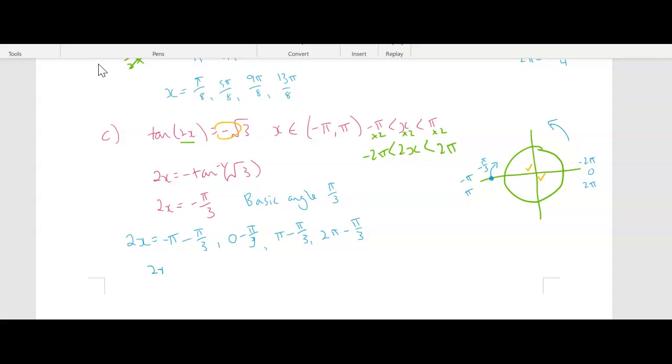All right, let's just bring everything over the same denominator. So negative 4 pi on 3, negative pi on 3, 2 pi on 3, and then 5 pi on 3.